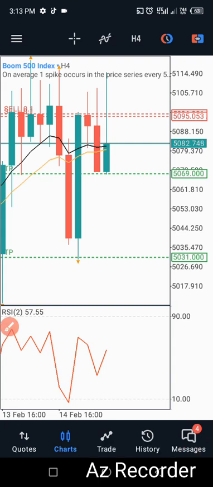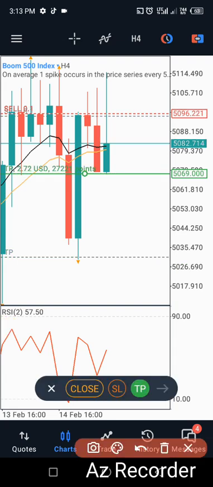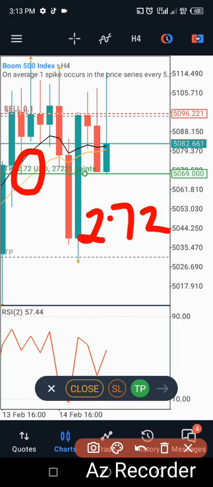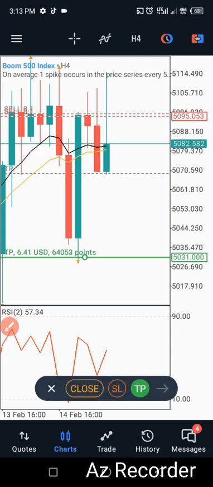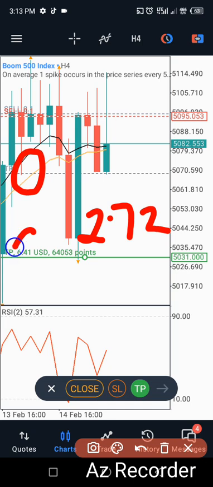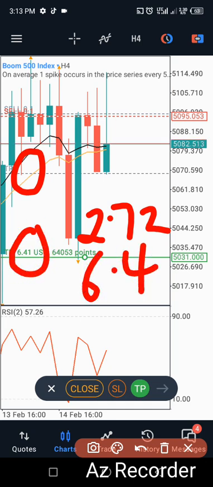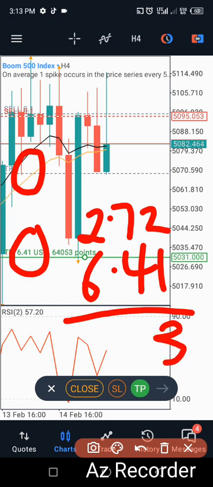The first take profit will be around $2.72, and the second take profit would be $6.41. So that would total 11. We should be talking about close to $10.